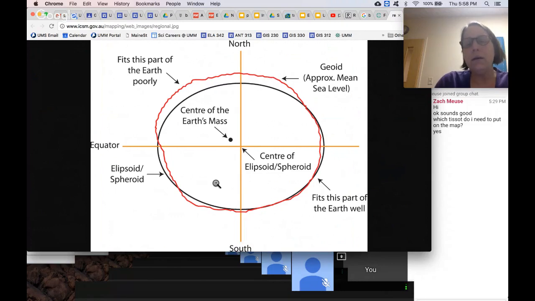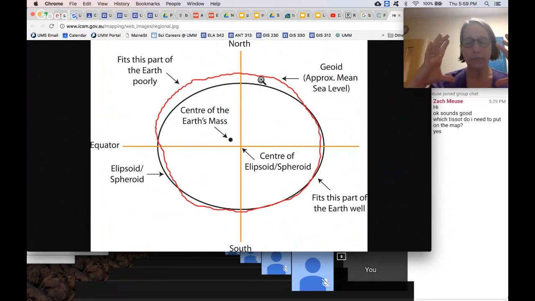And some geoids are made to fit a certain area of the Earth. So this geoid, the red line here, fits this particular area of the real Earth pretty well. Other parts of the Earth, not so much. So, for instance, we use a geoid for North America. It's called the North American datum. And a datum is based on the center of the ellipsoid that the geoid is based on, and it's pinned to the Earth at the geographic center of North America.